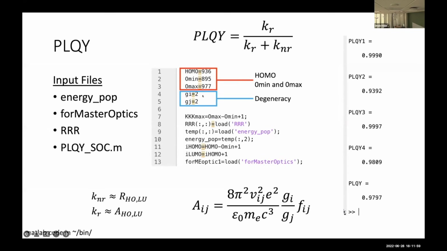Realistically, the two G's are going to be the same, but if you have a system that would require changing them, you would change it here. So this outputs these photoluminescence quantum yield values.